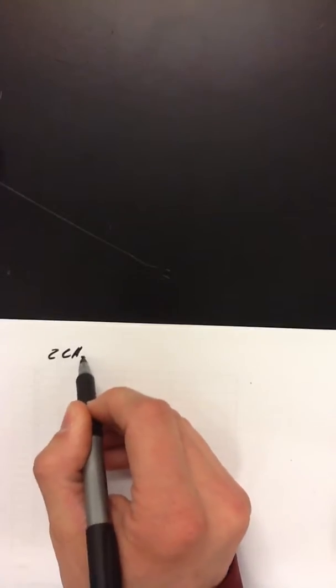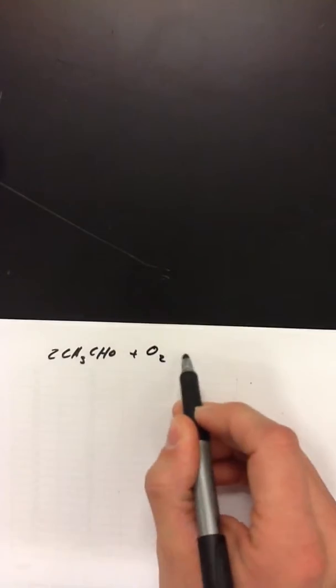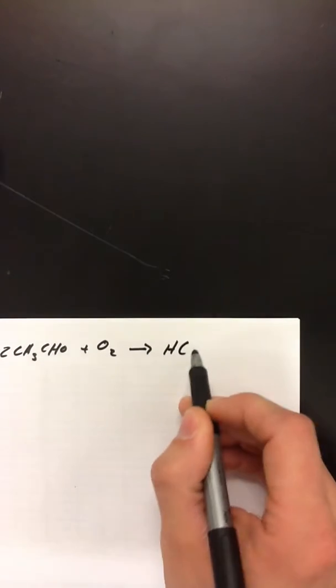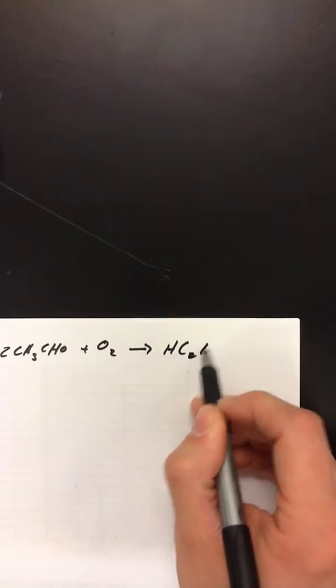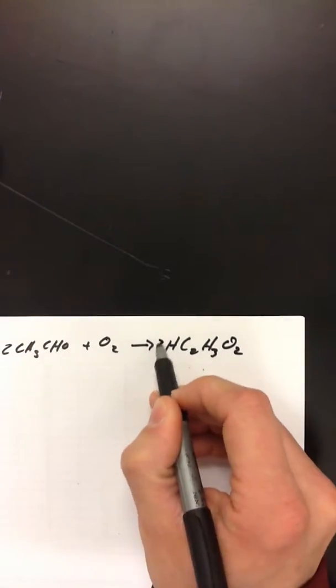We have 2 moles of acetaldehyde, CH3CHO, with the addition of oxygen gas to yield acetic acid, HC2H3O2, 2 moles of that.